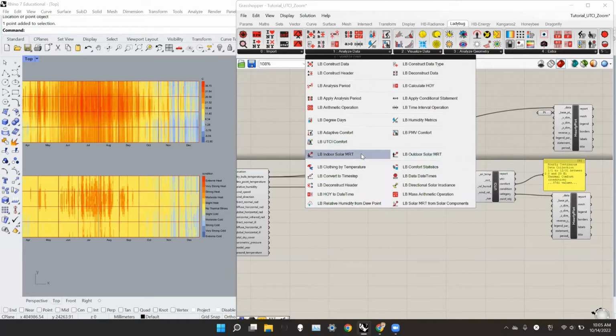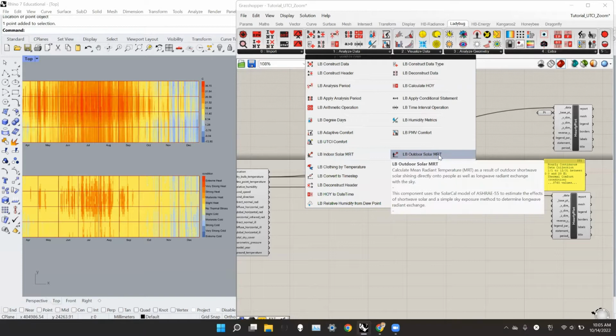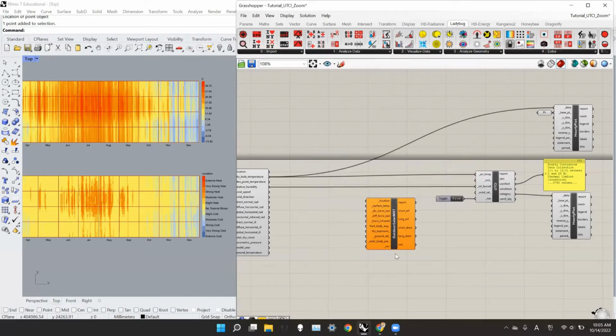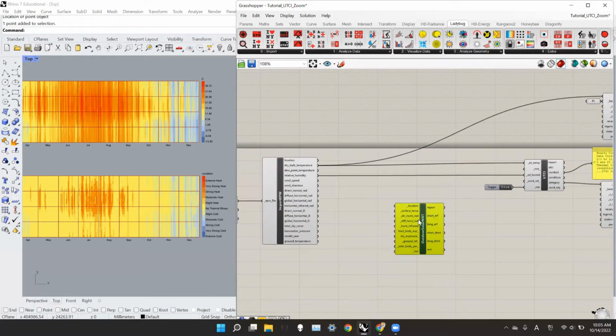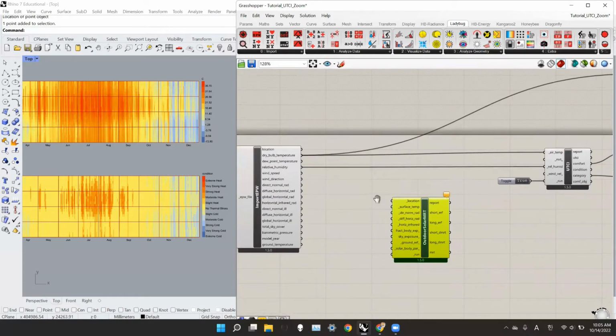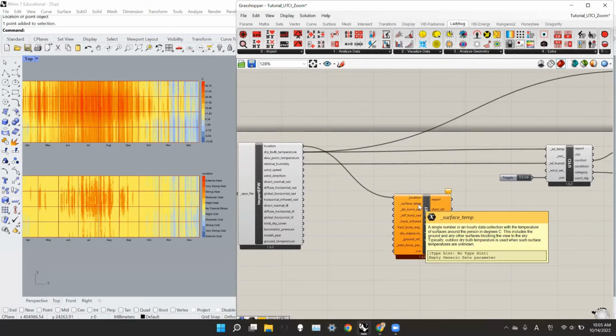And here there is mean radiant temperature for indoor, but now we are running the mean radiant temperature analysis for outdoor. So we can bring it down. For the inputs for outdoor solar mean radiant temperature, location, and surface temperature, we have no idea.